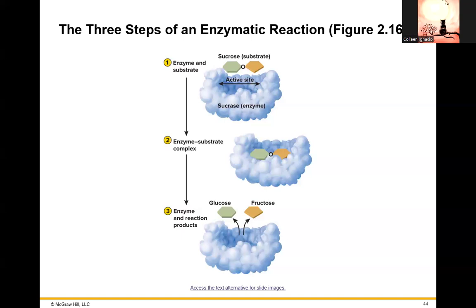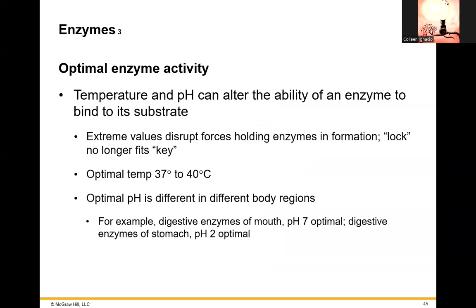It binds at the active site of the enzyme, and the enzyme in this case is sucrase. So what happens? This enzyme speeds up the reaction, and the products are now made, glucose and fructose. And guess what? The enzyme sucrase is unchanged, and it can go on to the next molecule and do this again and again and again. Okay, so enzymes are important.